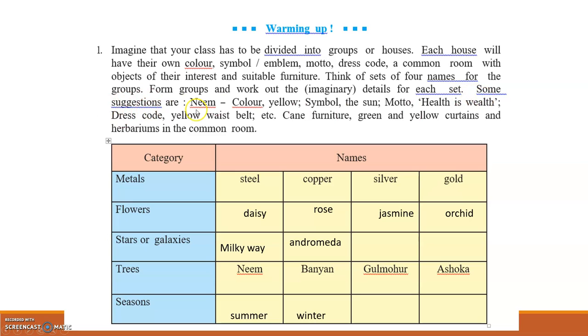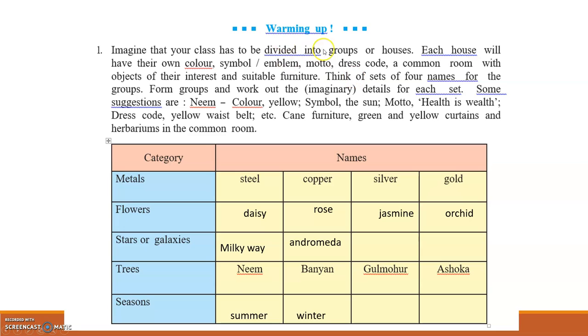Some suggestions are name, color yellow, symbol the sun, motto health is wealth, dress code, yellow waist belt, that is a dress code, etc. Cane, furniture, green and yellow curtains and urbanums in the common room.